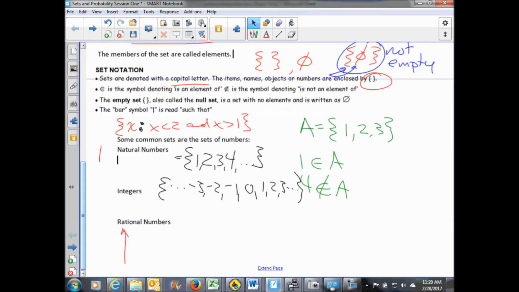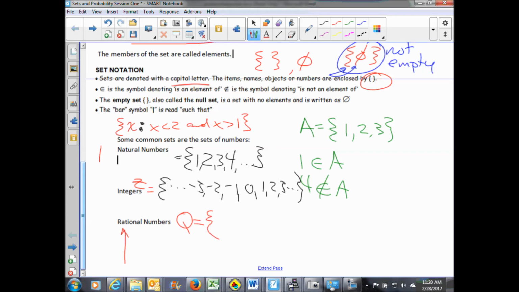It's important to know the set of rational numbers, but the rational numbers, we can't just list them. And so instead what we do is we use set builder notation. Usually we use a capital Z to stand for the integers. We use a Q to stand for the rational numbers.